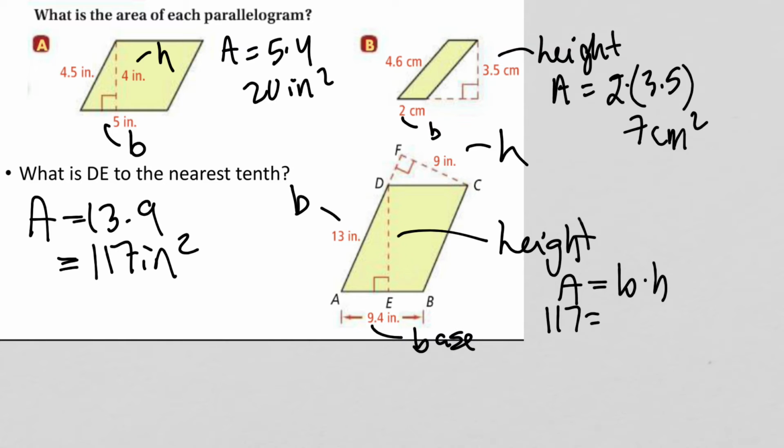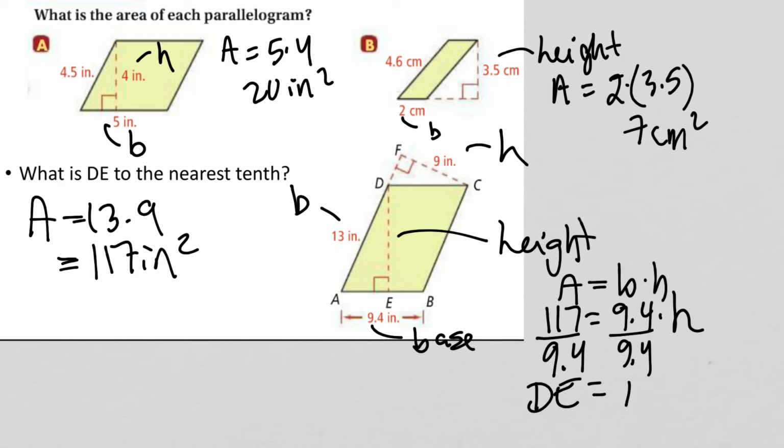My base for this height of DE is 9.4, times something we don't know, so divide 117 over the 9.4, and on my calculator to the tenth place, it says DE is 12.4 inches. So just be prepared: parallelograms can have 2 altitudes, 2 heights, depending on what base they're looking at.